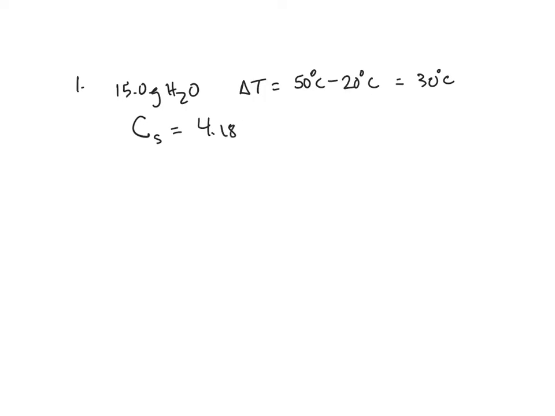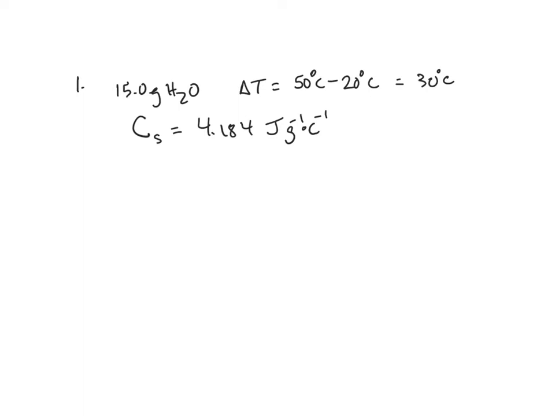So there's 15 grams of water, and delta T is equal to 50 degrees C minus 20 degrees C, and that's going to be 30 degrees C. And since it's water, we're going to use the symbol CS, and that is equal to 4.184 joules per gram degree C. Put the little degree in there if you want.